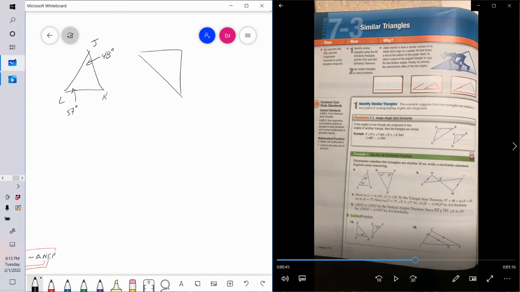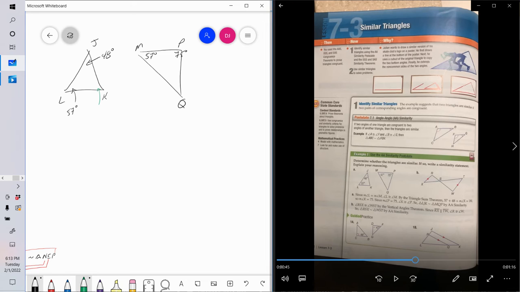Then we have triangle MPQ, where angle M we know is 57 degrees and angle P is 75 degrees. So what's the measure of angle K?